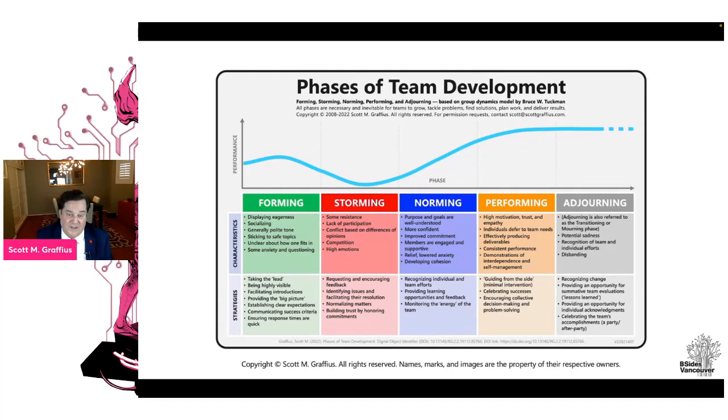At the top, you see a level of performance or productivity across sort of the life cycle of a project team. And speaking of which, Dr. Tuckman's model is agnostic in that it applies to traditional, agile, all flavors of agile, Scrum and Kanban and hybrid models and all sorts of things.